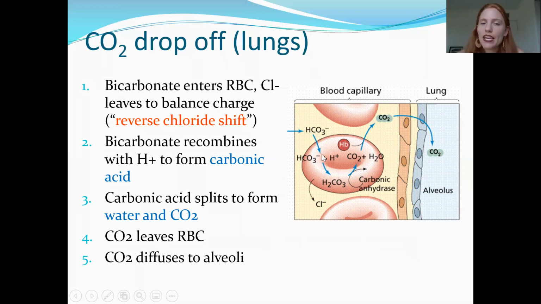Now you're bringing it back into the cell and you're losing the chloride. That's the reverse chloride shift. It combines with the hydrogen, creates the carbonic acid that's then split into carbon dioxide and water. The carbon dioxide then travels along its partial pressure gradient from high to low into the lungs. Breathe it out from there.